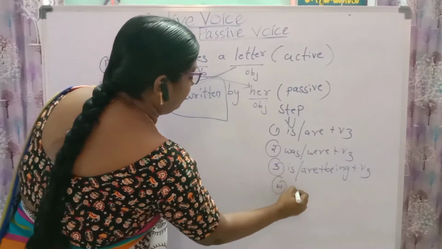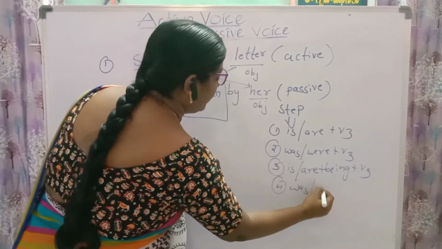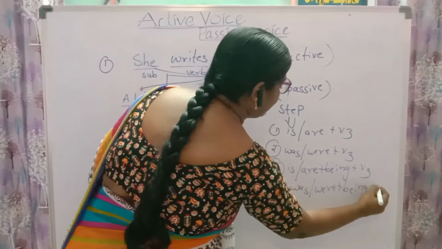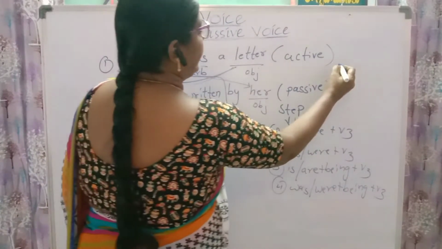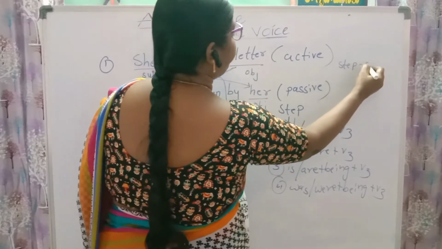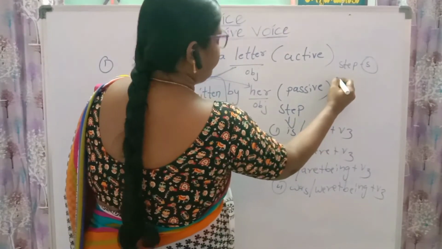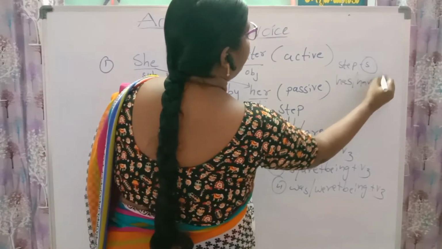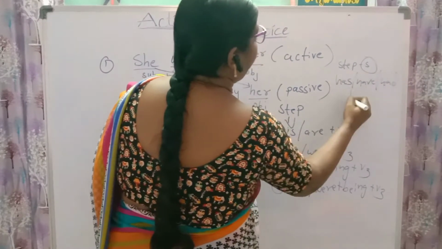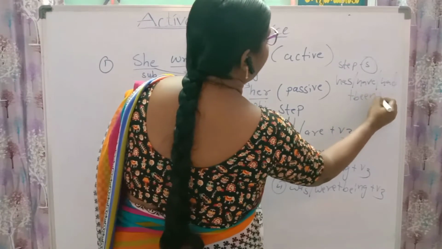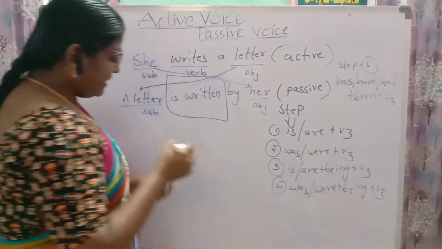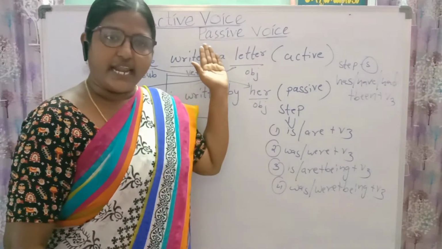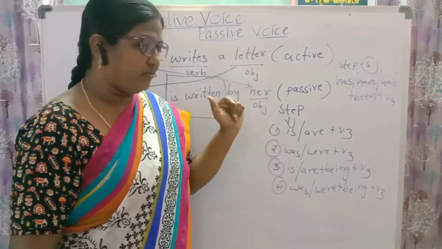Step 4: was, were plus being plus V3. And step 5: has, have, had plus been plus V3. These are the steps we have to follow when we change an active voice into passive voice.